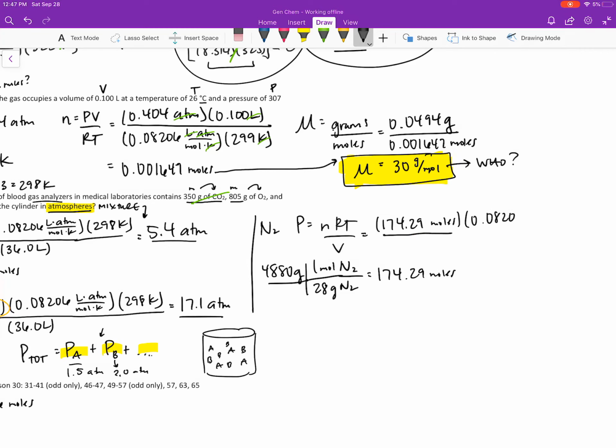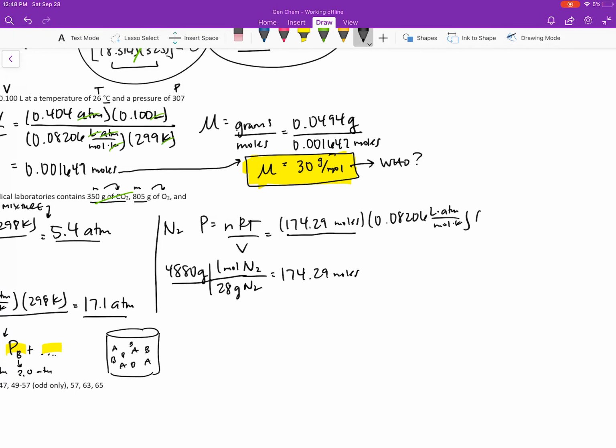Everything else gets to stay the exact same. Don't want to change any of the values at this point because the system is still the same. And this gives me 118.3 atmospheres for nitrogen.